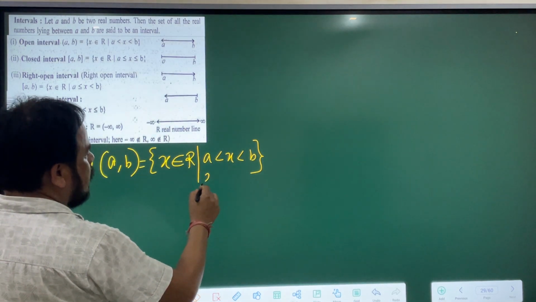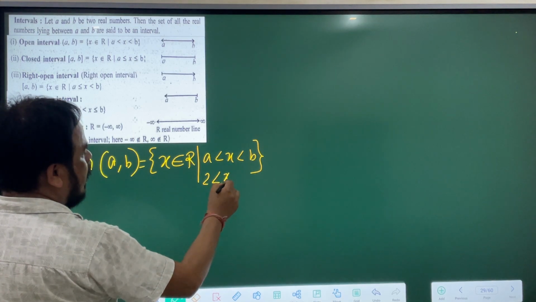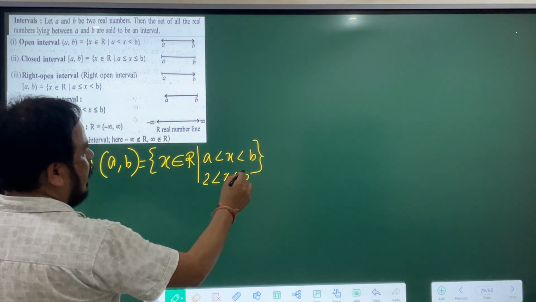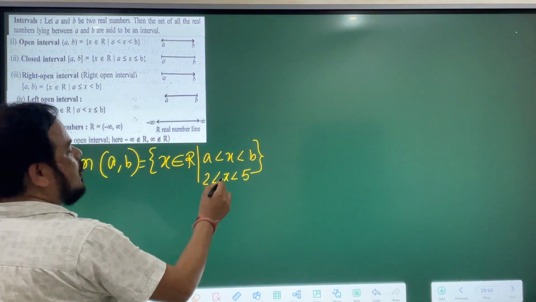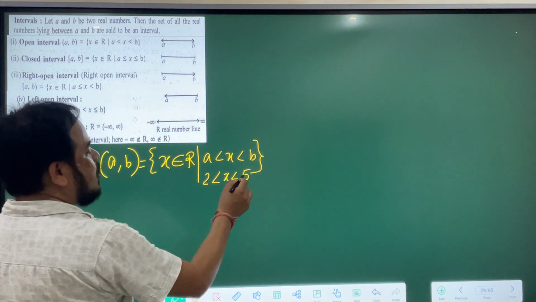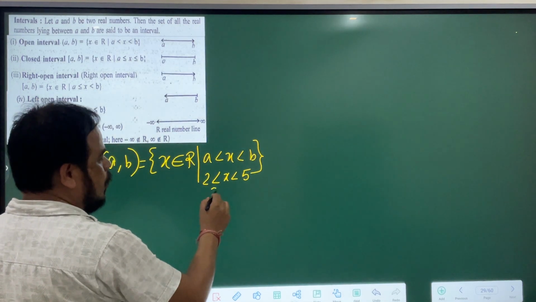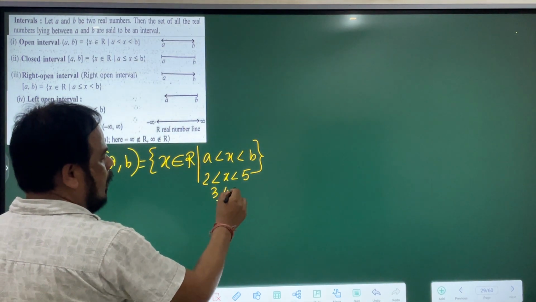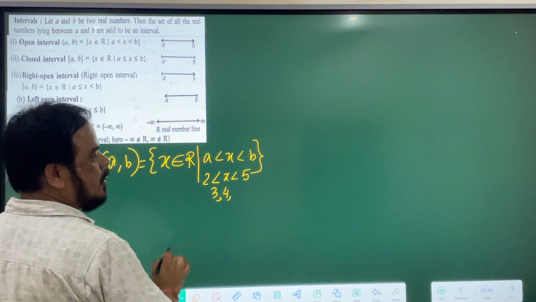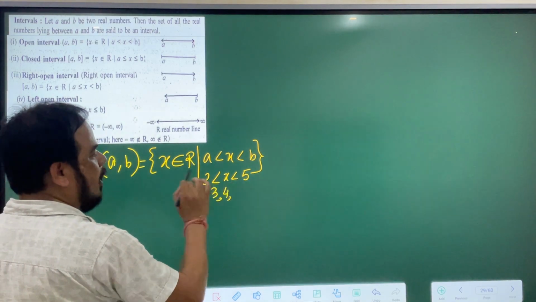Let me write one example. x is greater than 2 and x is smaller than 5. So that means greater than 2: 3, 4. We will not write 5 because x is less than 5.